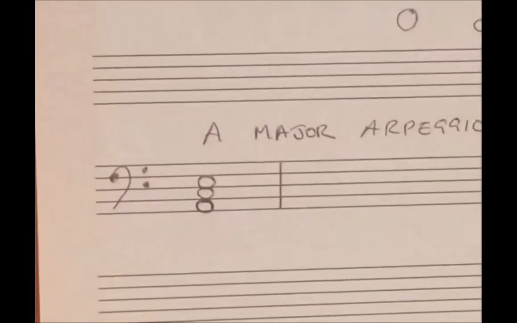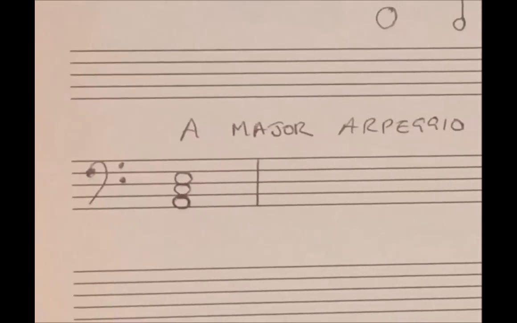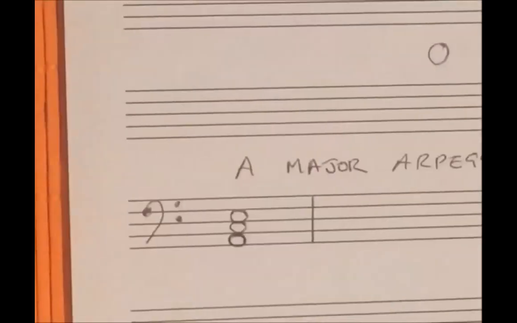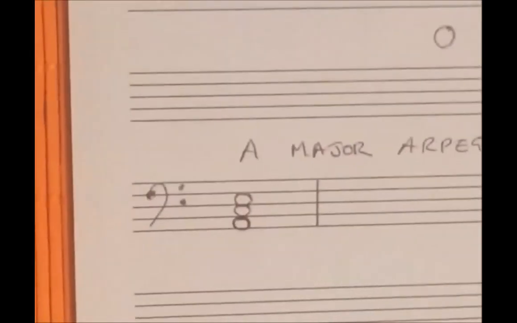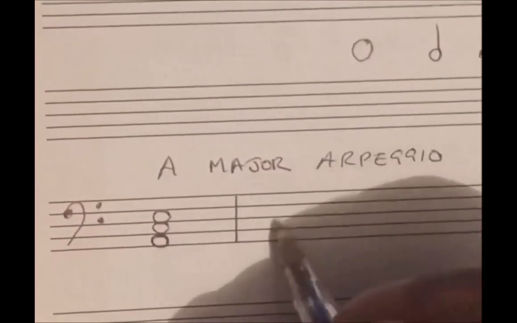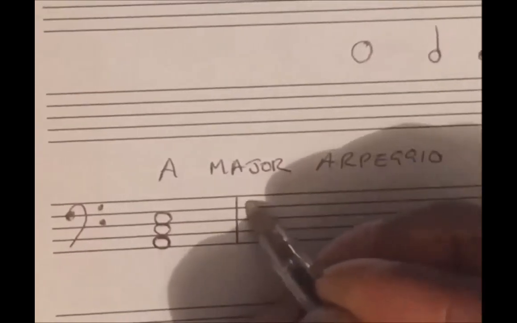Then it says, write 1 octave arpeggio going up then down. Okay, we know arpeggio, triad plus tonic. The tonic of A major is A, the first note. So, going up, I shall do my bass again.